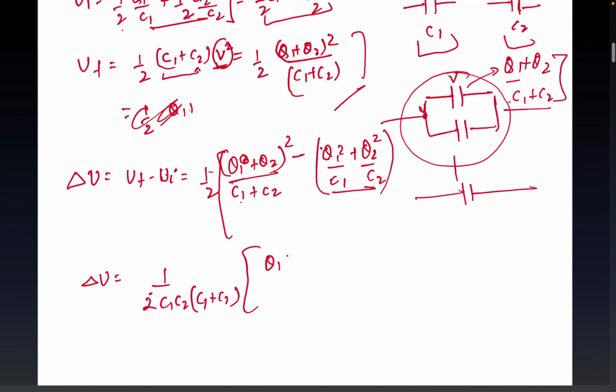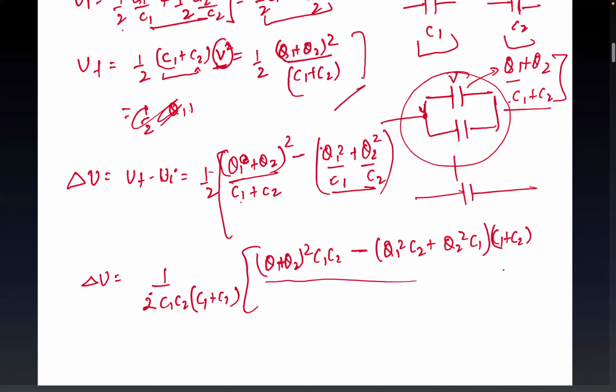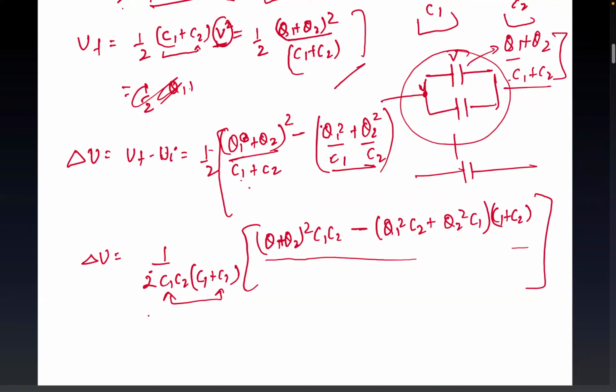Just Q1 plus Q2 whole square C1 C2 minus Q1 square C2 plus Q2 square C1, and both things along with C1 plus C2. Is this clear? Just check the LCM, and this LCM portion we have already written outside. Okay, just check it once and let me know whether it is correct or not.